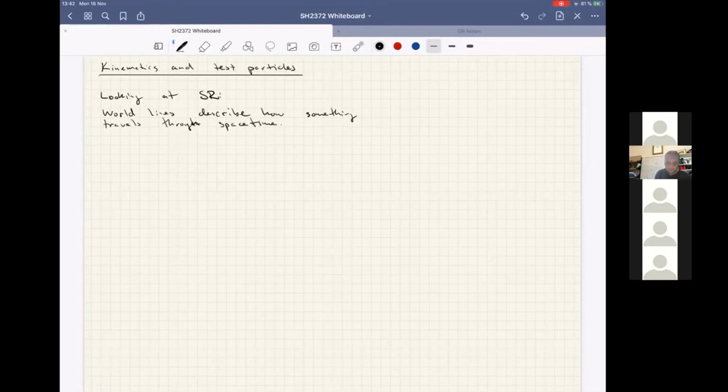And when we look at, let's draw that actually. So we have Minkowski space here, we have the time and the x directions. And if I draw everywhere that this particle is at each particular time, I'm going to have a curve of something like this, which I can call gamma. That is the world line of some object.